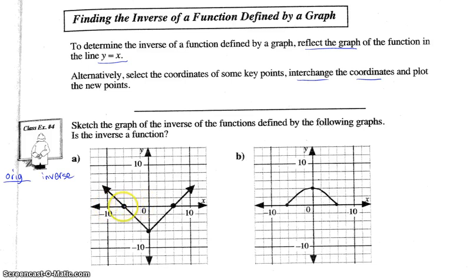And there's only 1, 2, 3, 4, 5 squares. So each square must be 2 then. So that means this point would be at -6, okay, 2, 4, 6, and 0. There's our original point. So on the inverse, that point would become 0, -6.